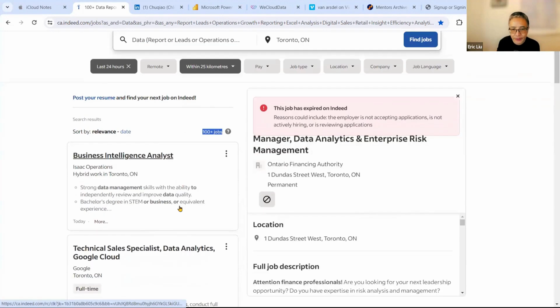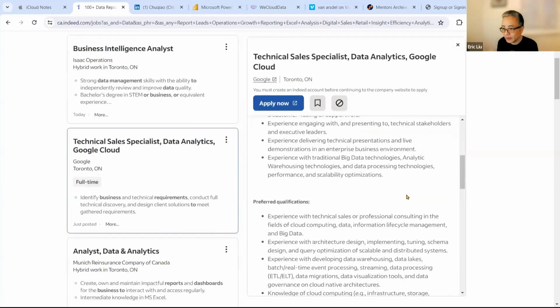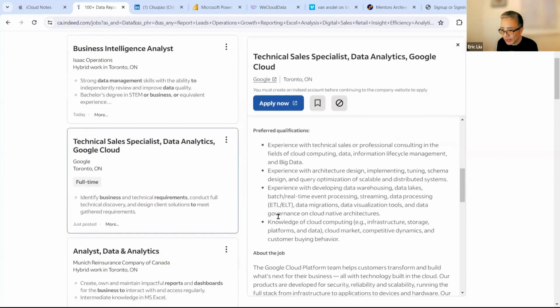So real quick, this is a company we know, Google. This is technical sales. So it's a sales job, but you still need to understand the subject matter, which is data analytics and Google Cloud, right? So if I click this, you can take a quick look at it.